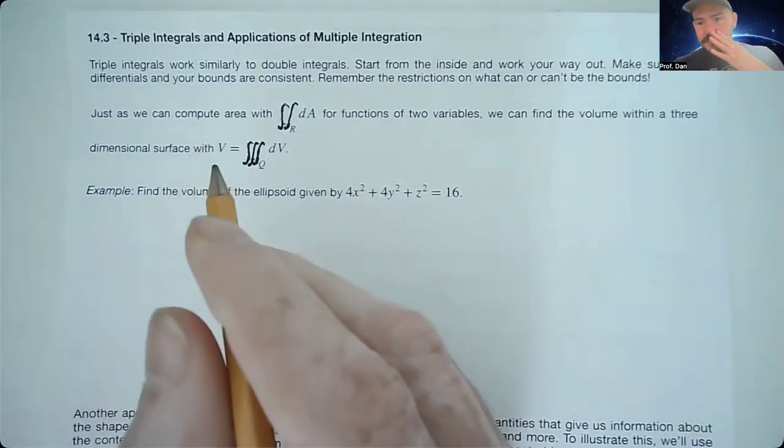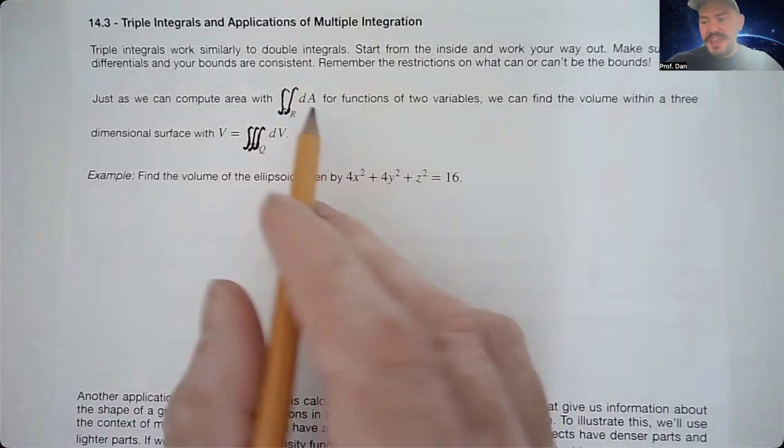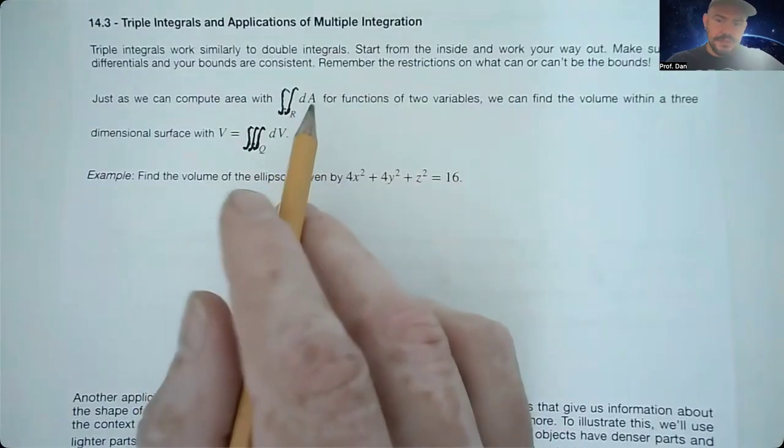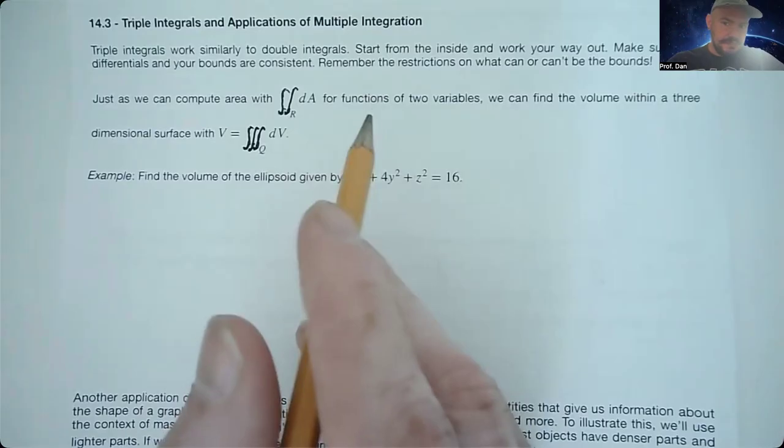All right. So the way that we defined integrals of two-variable functions, double integrals, was as the limit of the sum of volumes of boxes. We had our differential dA, which corresponded to changes in the area of the base of the boxes.